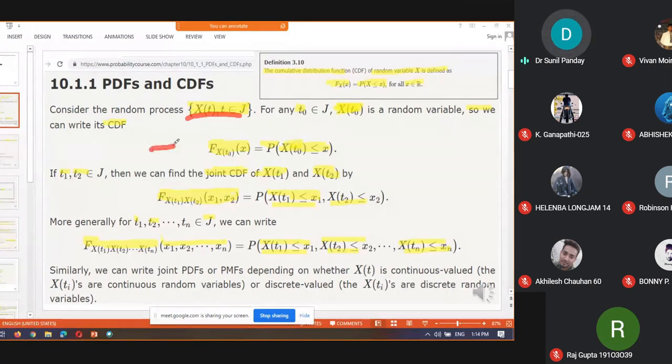First we define its density and distribution function, the cumulative distribution function.